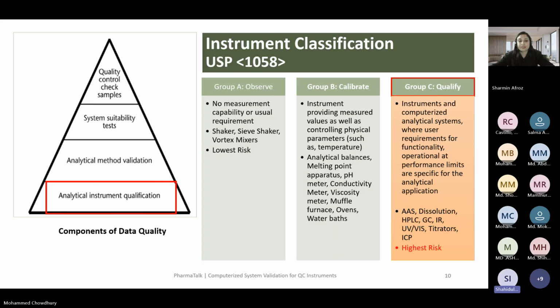One thing I should add: for the conductivity meter, calibration may not be required on a daily basis. Before use, it should be checked for function, but the probe cell coefficient is one thing to consider. For conductivity, it should be calibrated once a month or on a periodic basis.